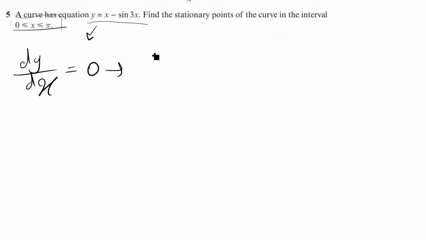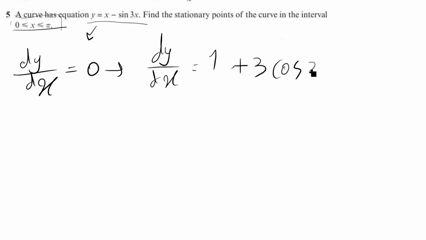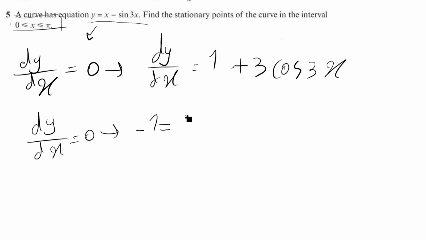So let's find dy by dx first, which is going to be 1 plus 3 cos 3x. And the next step is using this principle, which is going to be minus 1 is equal to... I think I made a mistake in differentiating this equation, because here is minus sine x and it should have been minus cos x.